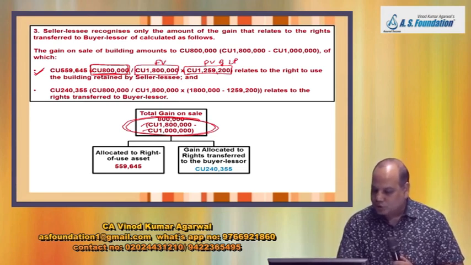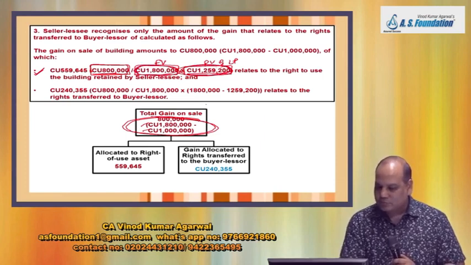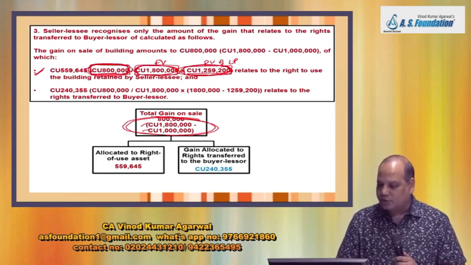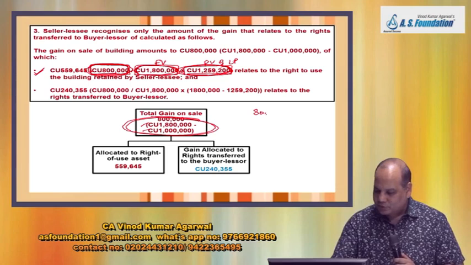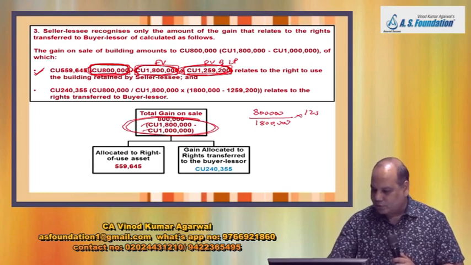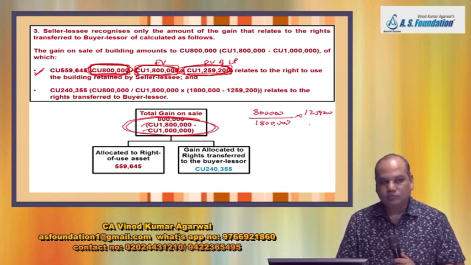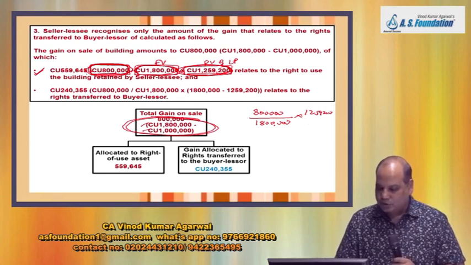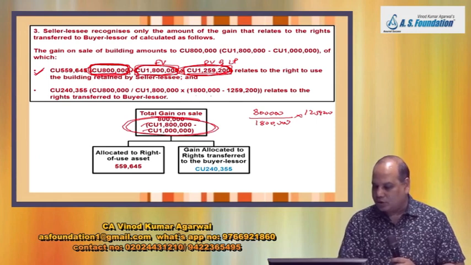So this portion I have retained out of 18 lakh, so I will only recognize proportionate profit. Take your calculator: first type 8 lakh divided by 18 lakh into 12,59,200. That is 559,645.